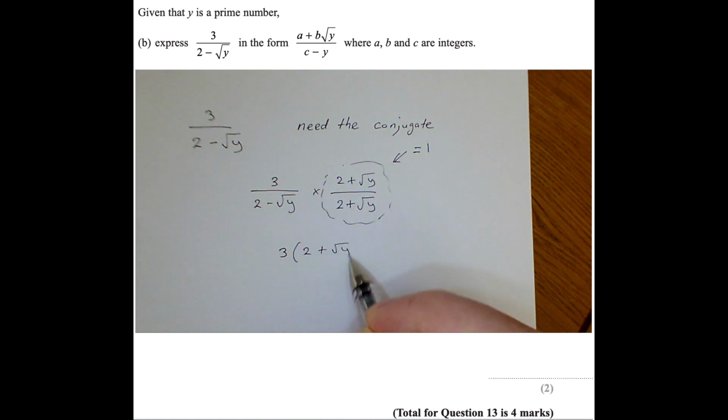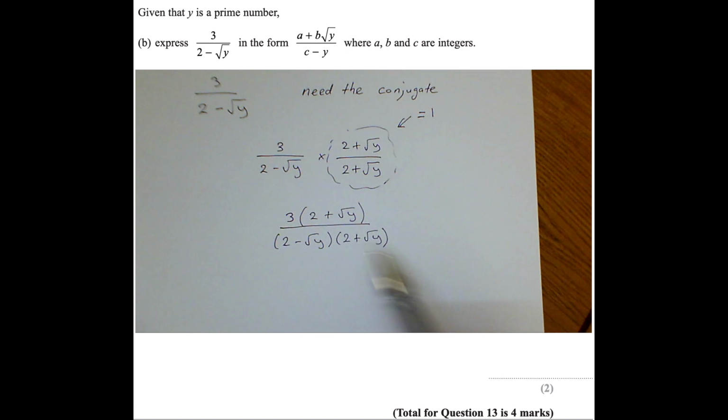So up in the numerator, I'm doing 3 times the top and the bottom two numbers, the conjugate pair. And what I need to do now is just simplify this out. So 3 times by 2 is 6, 3 times by root y is 3 root y. And now look at the denominator. You could do FOIL, but we only need the first and last.